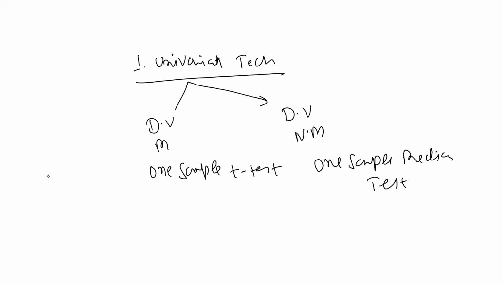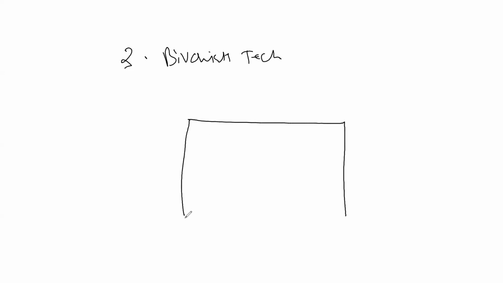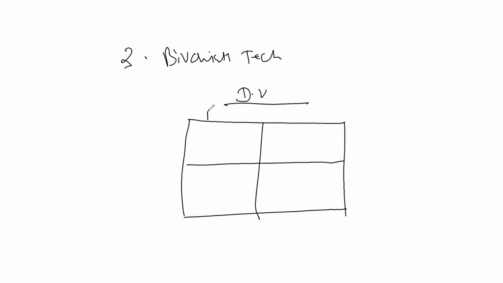The second technique is the bivariate technique. In a bivariate technique, there are 4 categories. In this matrix, you can see the dependent variable metric.